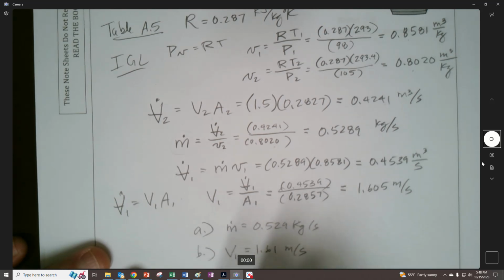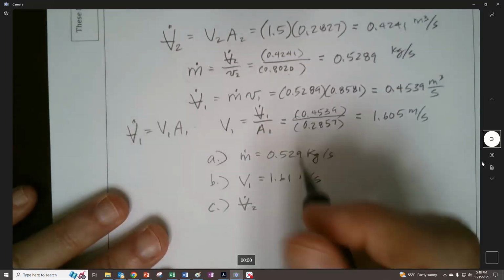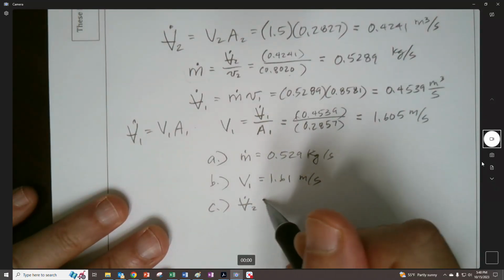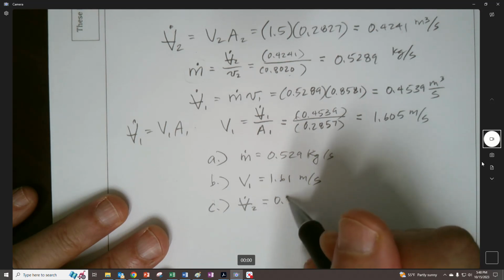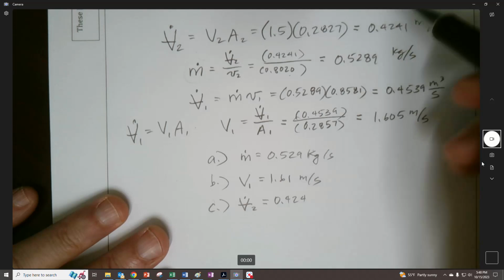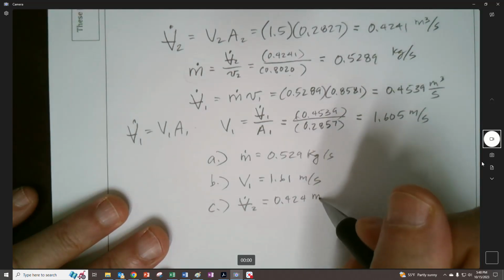And then the last part of it was asking for the outgoing flow rate, V dot 2. And that was one of the first things we calculated, 0.424 up here, cubic meters per second.